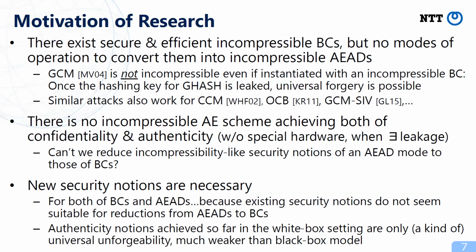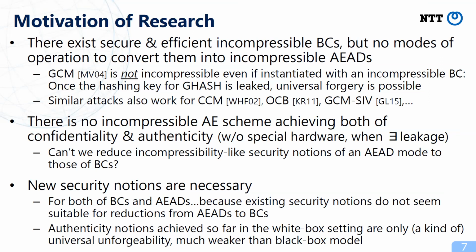And second, there is no incompressible AE scheme achieving both confidentiality and authenticity without relying on special hardware when leakage exists. And so a natural question is, can't we reduce incompressibility-like security notions of an AEAD mode to those of block ciphers?